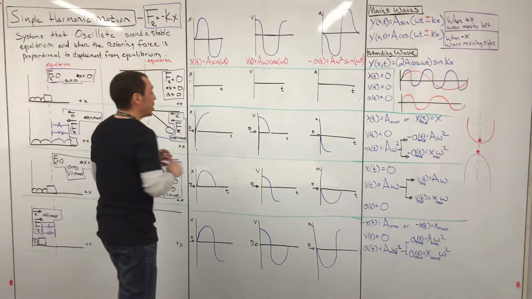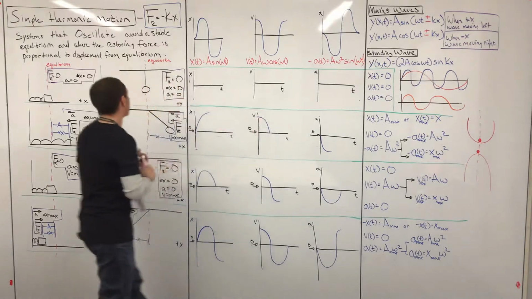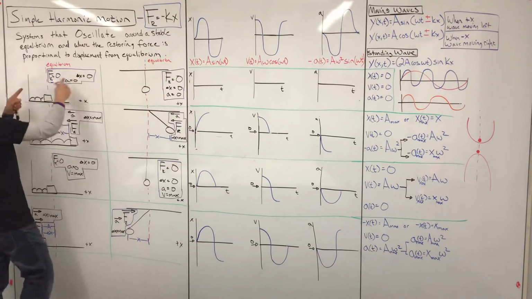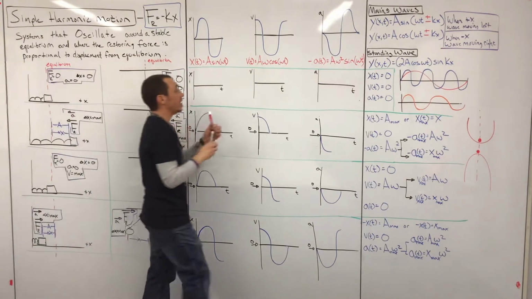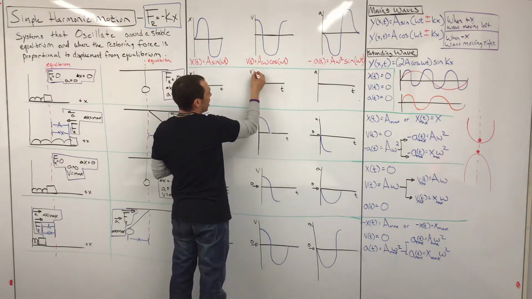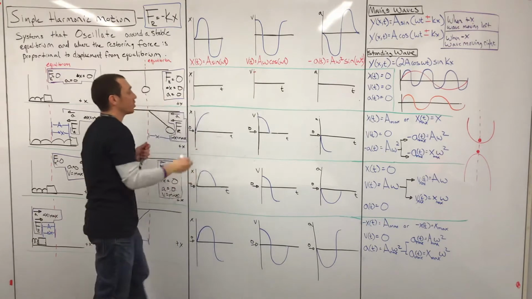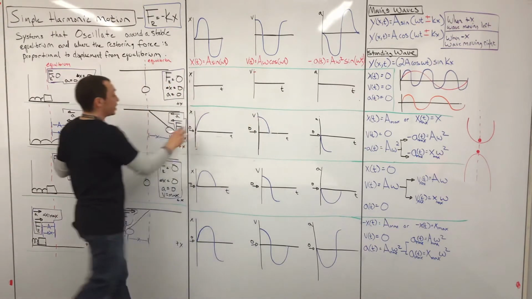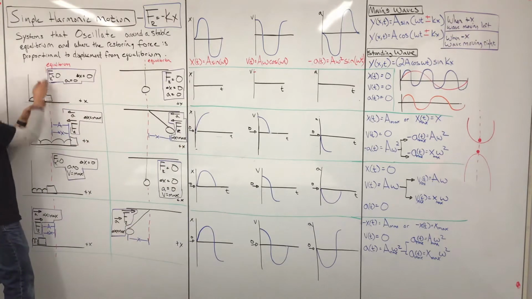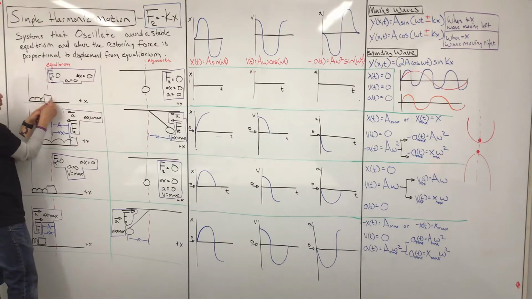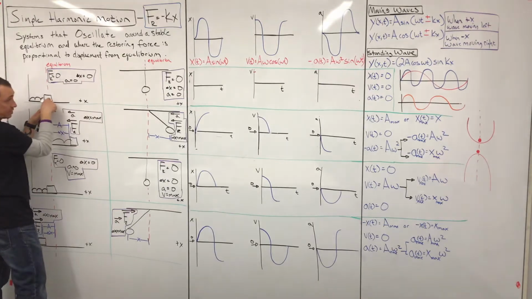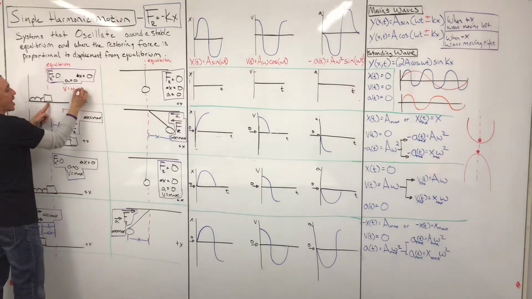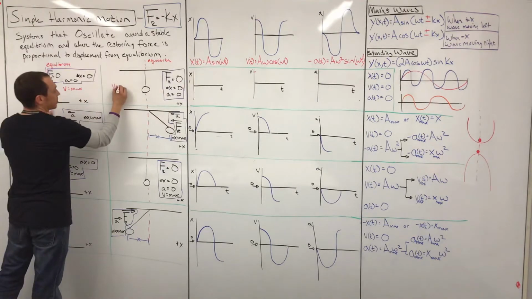But there's something that we know, and we can kind of see from this next graph, is that when this system's oscillating and it reaches its equilibrium point, it actually has a max velocity. We can't see it on these graphs, but this graph would start up here with some max velocity, where we started where x was 0, but when we get back to where x is 0, velocity is going to be max, for both of these.